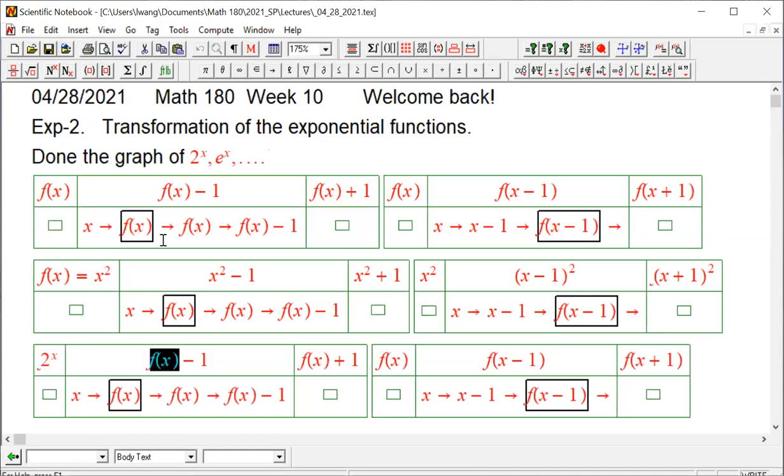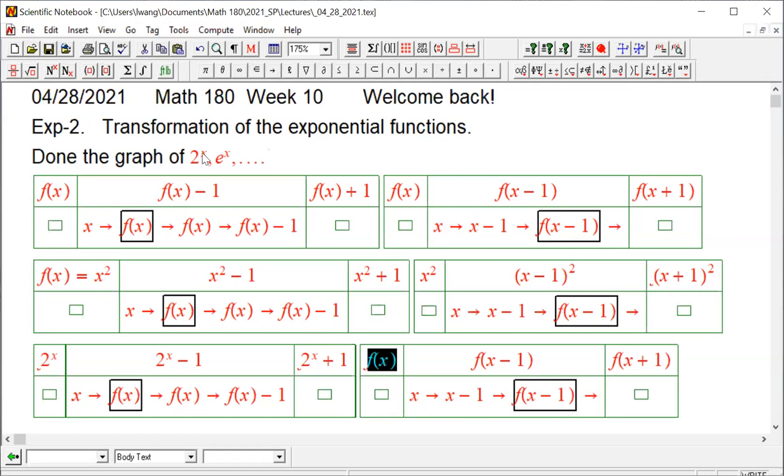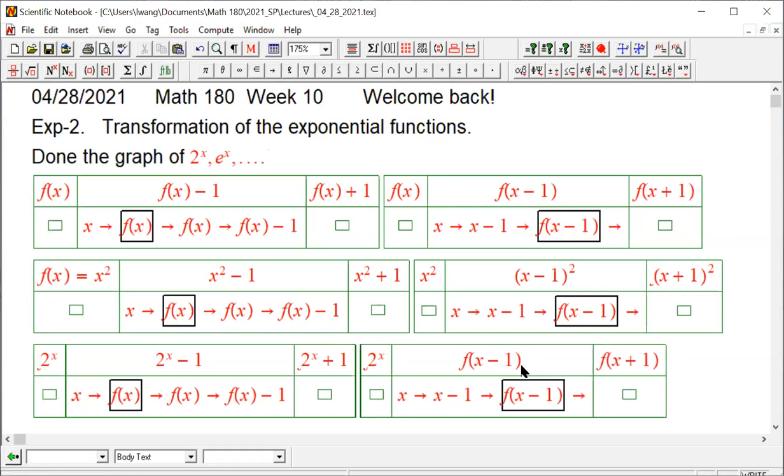So 2 to the power x minus 1, 2 to the power x plus 1, 2 to the power x, and 2 to the power of x minus 1, 2 to the power of x plus 1. You follow me?